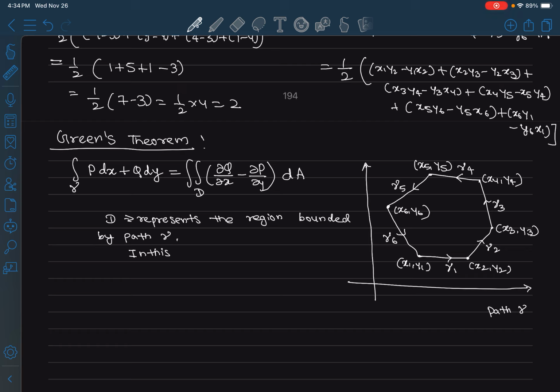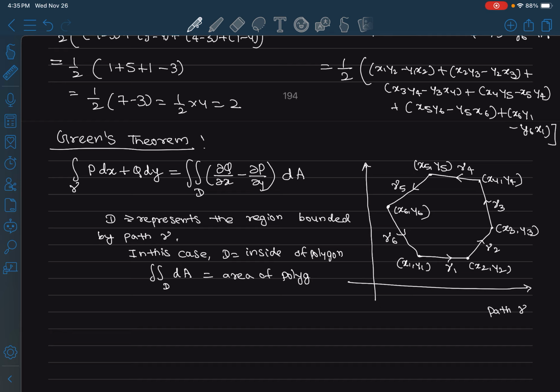In this case, D will just be equal to the inside of the polygon. That means if I find the integration of dA over this domain, that will just be the area of the polygon.